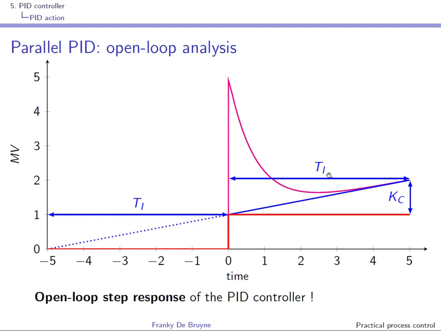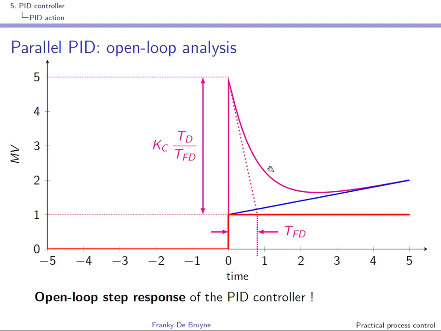If the integral time constant is increased, well, the slope will decrease, right? And the integral time constant, well, that's the time that is needed for the integral action to have an effect that is exactly the same as that of the proportional action, as you can see.